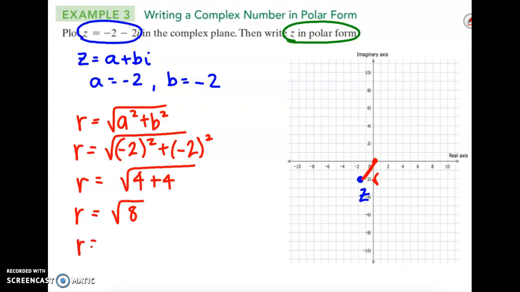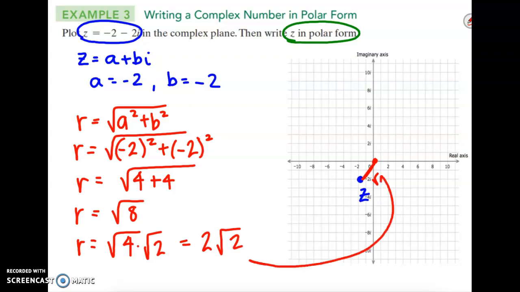So R equals the square root of 4 times the square root of 2, and the square root of 4 is a perfect square, so we're going to get exactly 2 square roots of 2. So the distance that that complex number is from the origin is 2 square roots of 2.